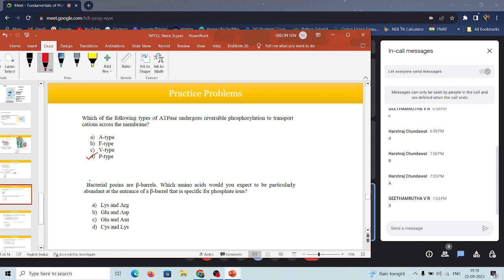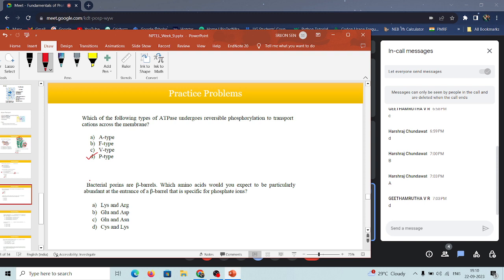So F stands for F1, F0, like for V you have V1, V0. They named them depending on which organism they were found in and what functions they carry out, on the basis of structure and function.